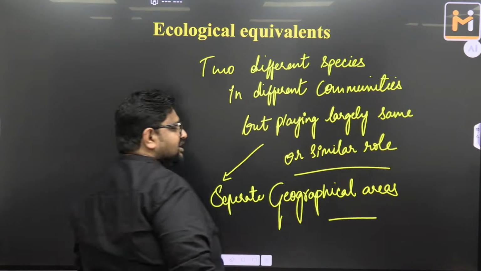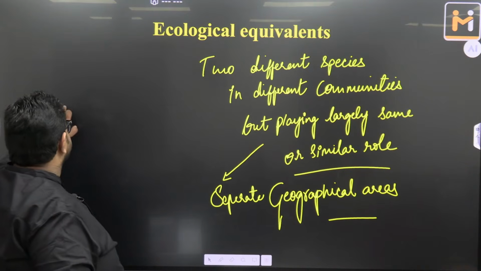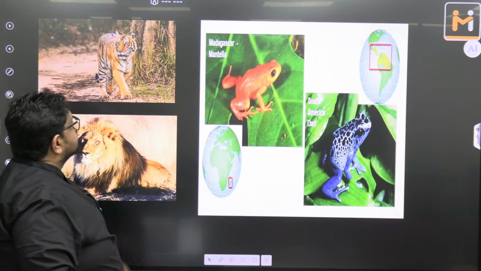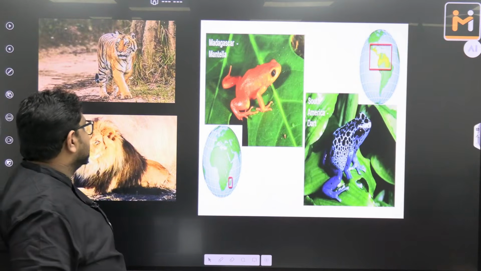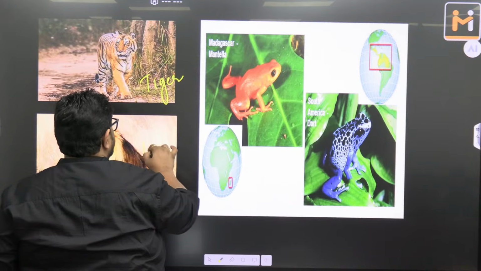So they are called as ecological equivalents. Okay, done. So example, you can write tiger and lion.